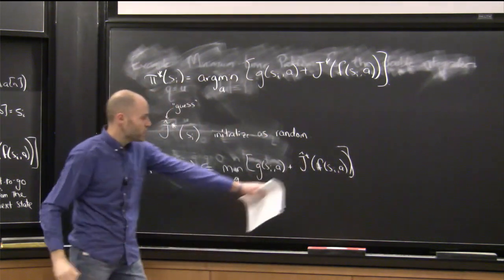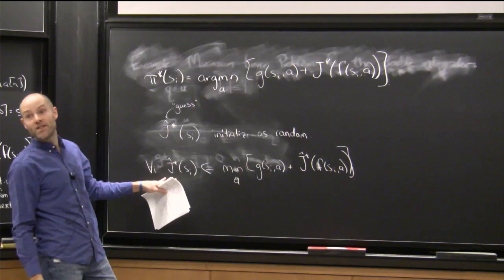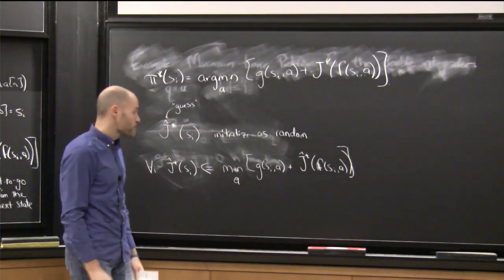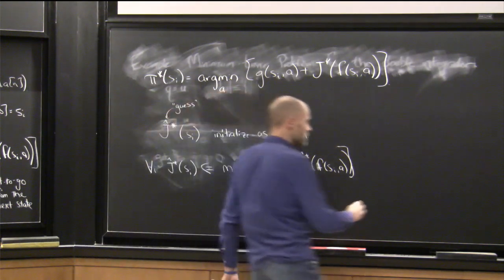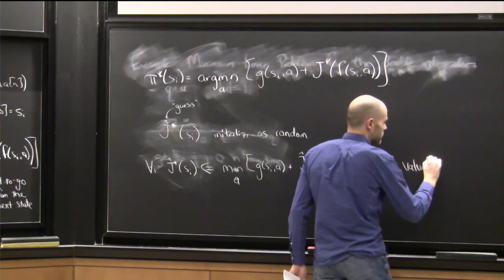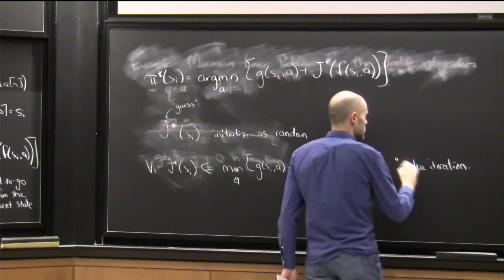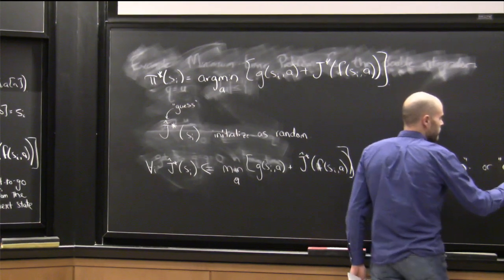Right, I'm going to just use my guess at the cost to go to update my guess at the cost to go. The language is a little funny. This is often called value iteration. Or people just call it dynamic programming.